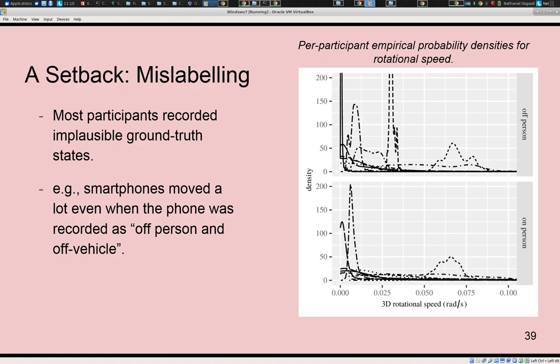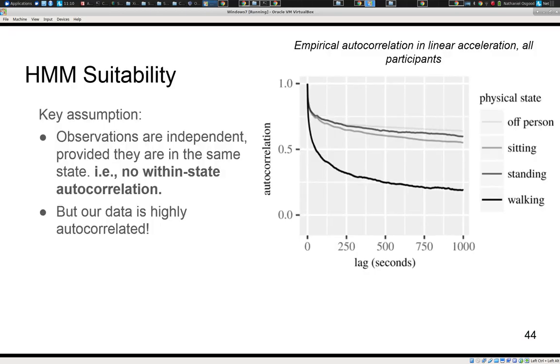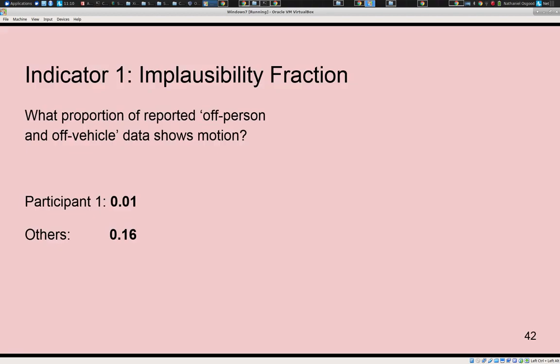So in short, there were a set of individuals for whom the off-person data, amongst other things, looked highly suspect. And it matched very closely what you would expect if they mislabeled it. If they simply forgot to say, it's no longer off-person, forgot to throw that data away. Okay? Fortunately, there was a subset of participants that did have good data.